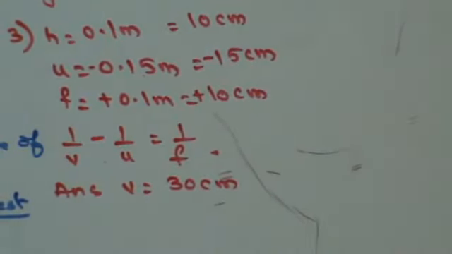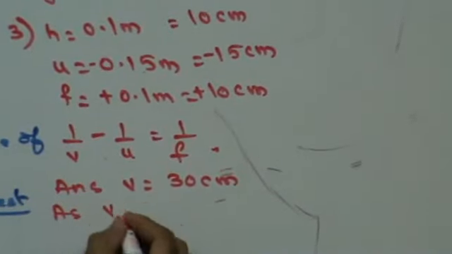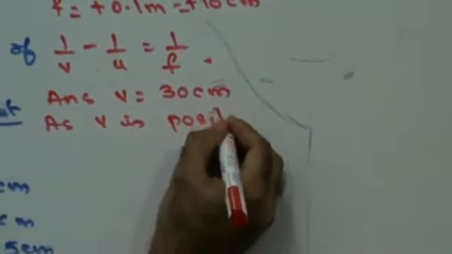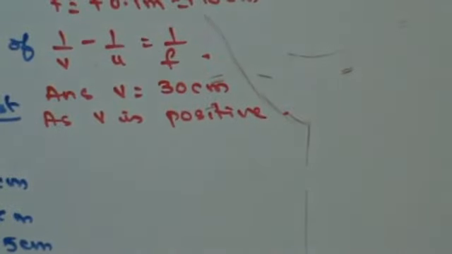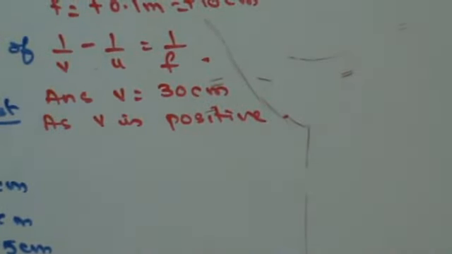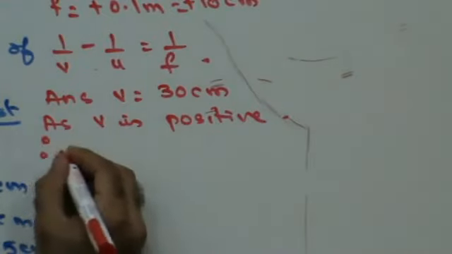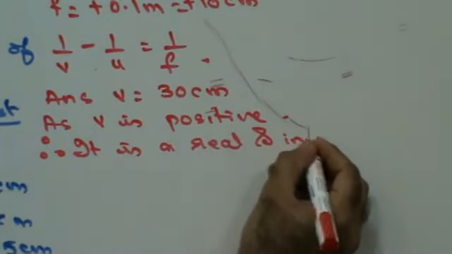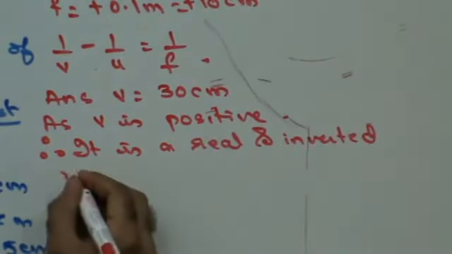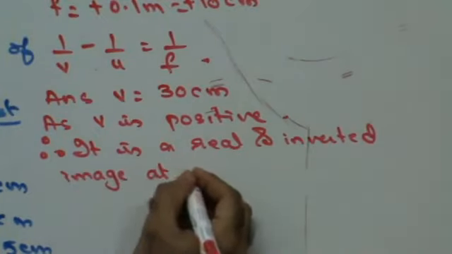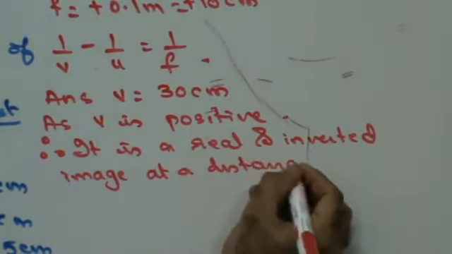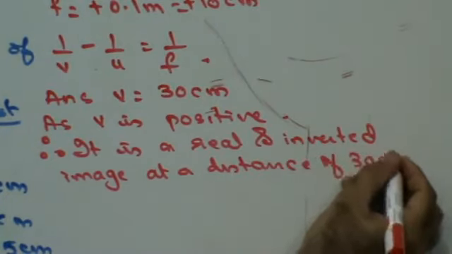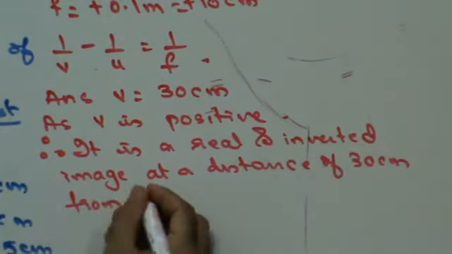So therefore I can say, as v is positive, that means it is a real and inverted image at a distance of 30 centimeters from the lens.